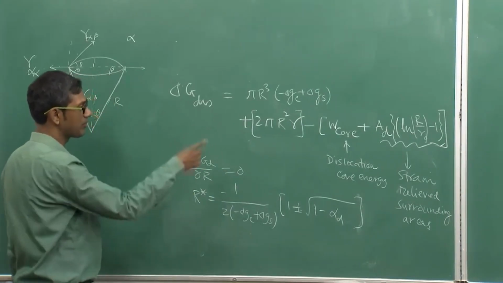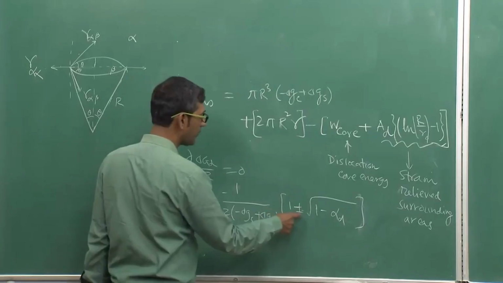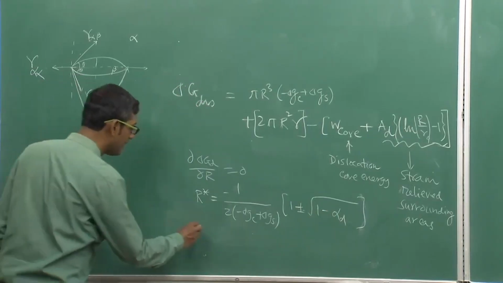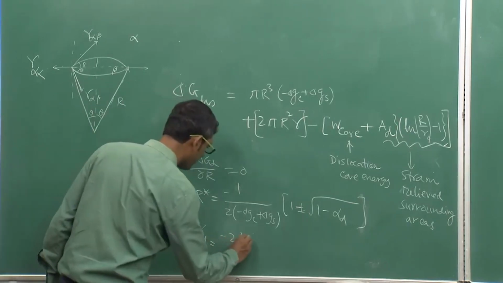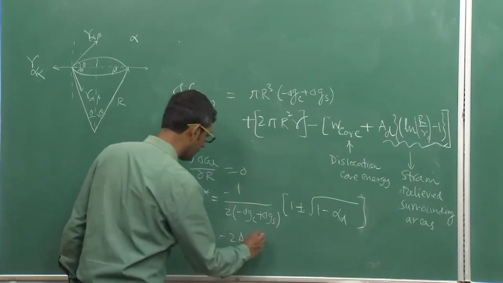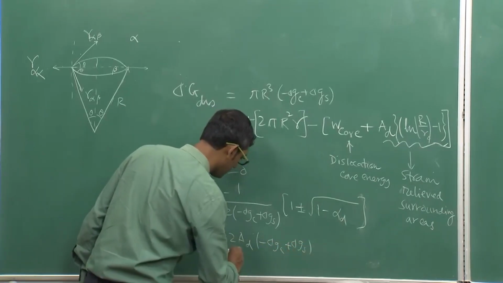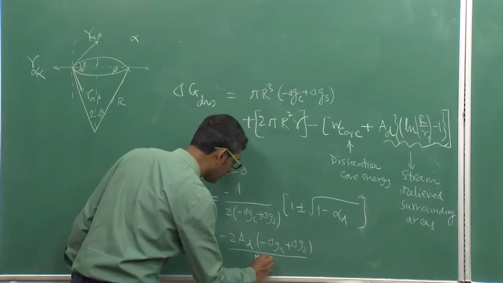And because log and other things are there, this R star has two roots, 1 plus or minus, this term will give you a plus root and a minus root, and alpha d is related to all these equations, minus 2ad, delta Gc plus delta Gs divided by pi r square, small r, okay.